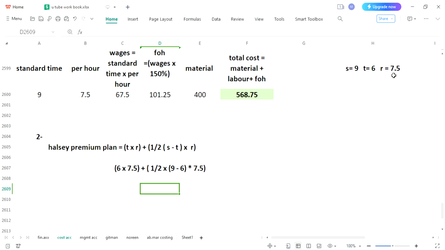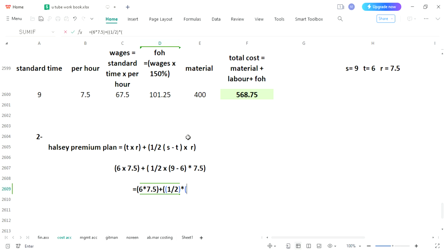It's important to focus, because you can use your calculator within a single screen, and everything present in this formula can be calculated. So on your calculator, open your bracket, 6, and then multiply it with 7.5, close your bracket with care, then add, again open your two brackets, 1 divided by 2, and it would be multiplied by, again open your bracket, 9 minus 6, that is 3.